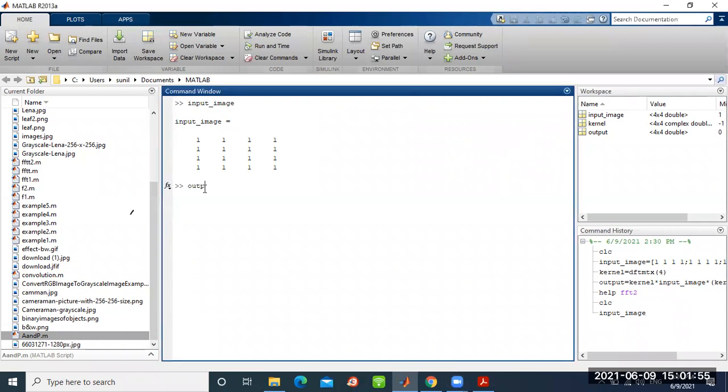Let me write output is equal to FFT2. Then you have to give the input image. The name of the input image is input_image.